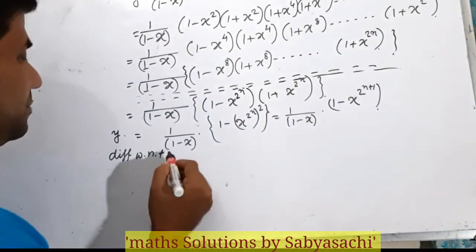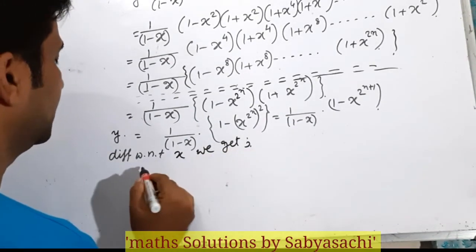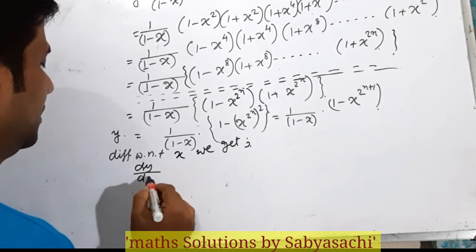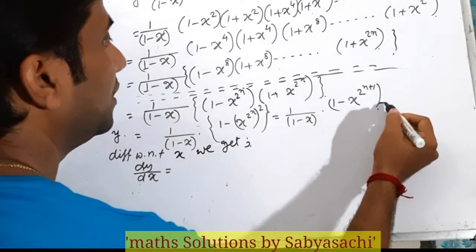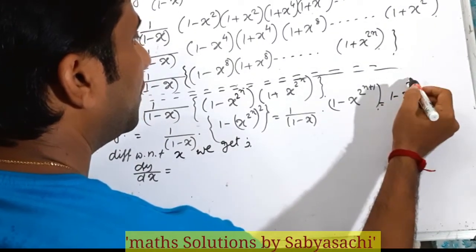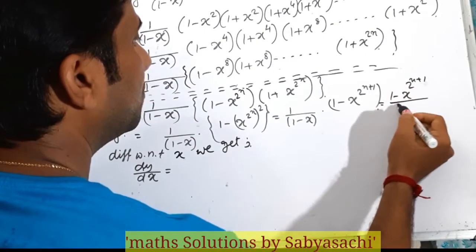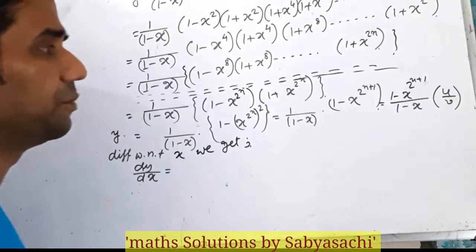Now differentiating with respect to x, we get dy/dx. This is equal to, this is (1 minus x to the power 2 to the power n plus 1) by (1 minus x), that is, you have to differentiate in the form of u by v.